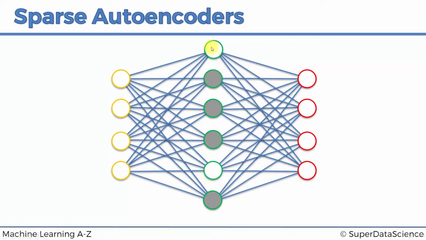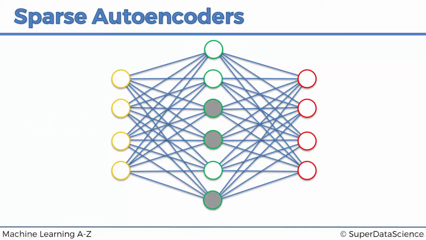For instance, it can use 2 nodes in this case. When the values go through, the other nodes are outputting very tiny, insignificant values, and therefore only these nodes are actually participating. Then in another pass, these nodes will be participating. Another pass, these nodes will be participating.